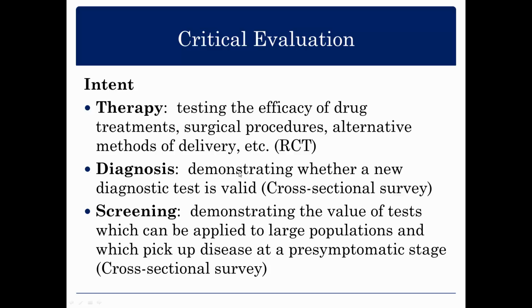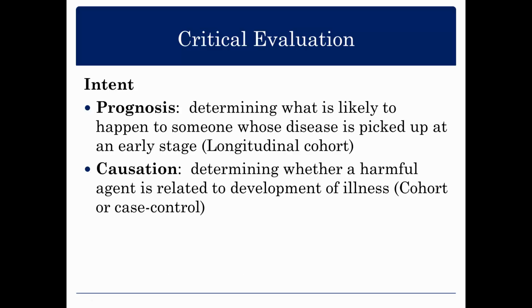They're trying to demonstrate whether a new diagnostic test is valid by comparing its ability to measure a disease or a condition to what's called a gold standard. And then there, of course, are screening tests, which are also cross-sectional screening studies, which are used to demonstrate the value of tests which can be applied to large populations and can pick up diseases at a pre-symptomatic stage. These are usually done with cross-sectional surveys as well.